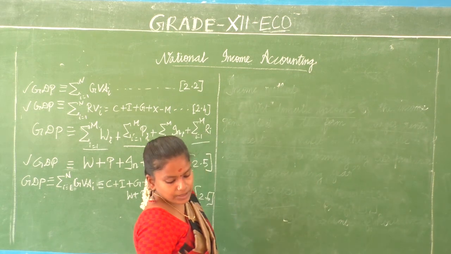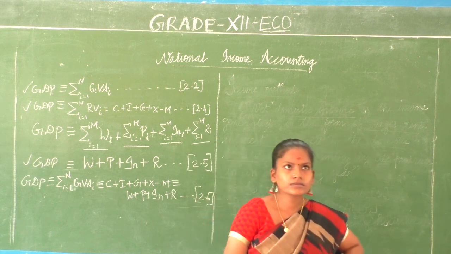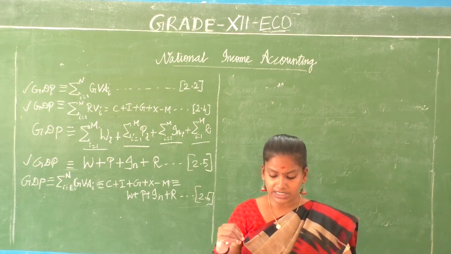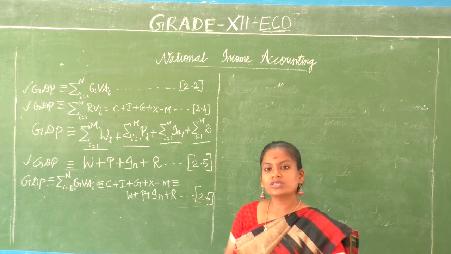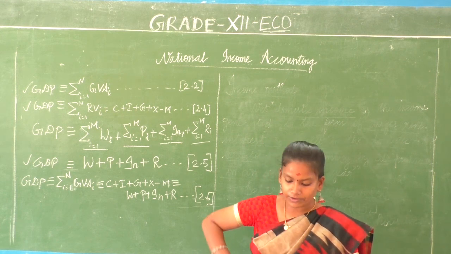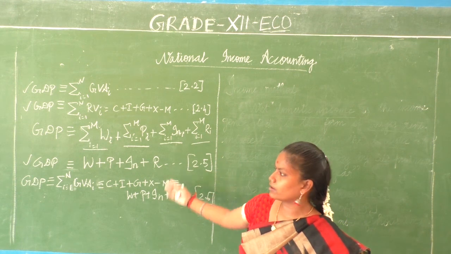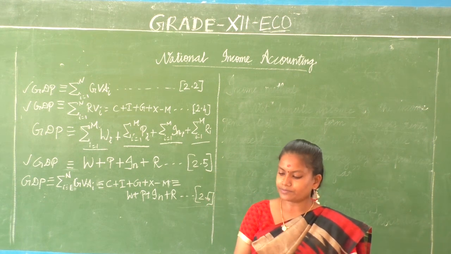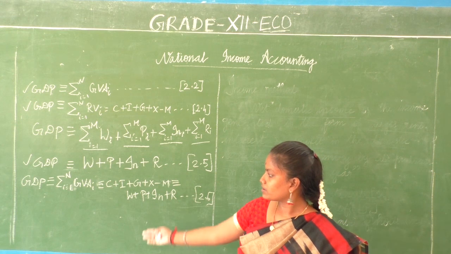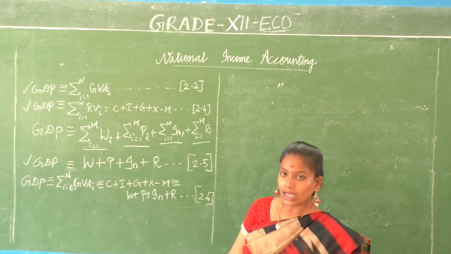What is the example that is given here? You have 2 firms. What are those 2 firms? A and B. A uses raw material and produces cotton worth 50 rupees. So we are going to see in each method: the value added method, the expenditure method, and finally the income method.